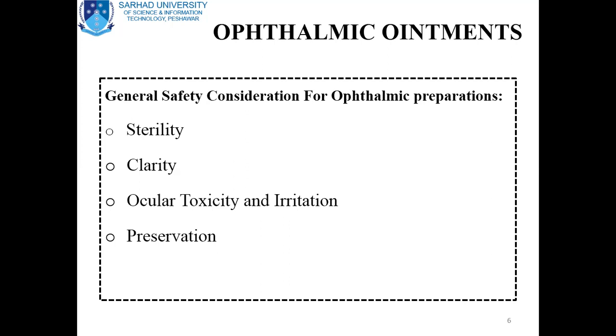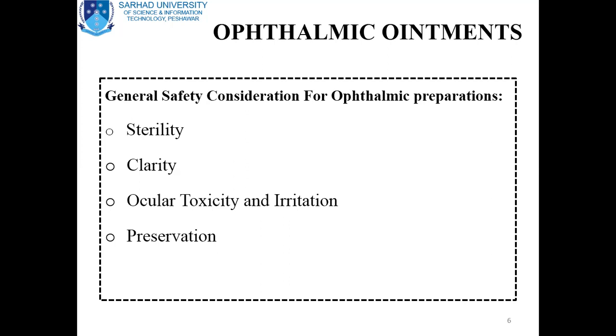The second consideration we must consider is clarity. There should be no fine particles, and the appearance and consistency should be uniform in the ophthalmic preparation. And the fourth parameter, which is as important as the first two, is ocular toxicity and irritation.